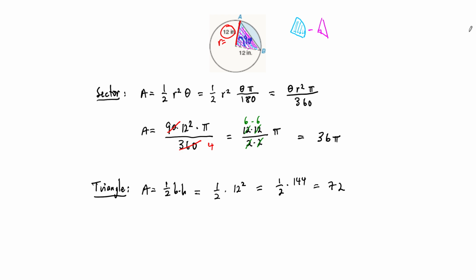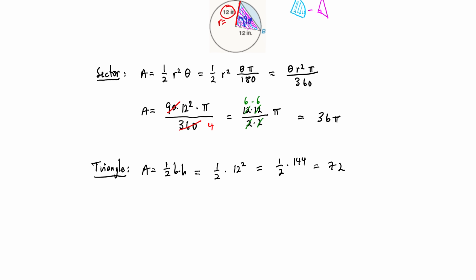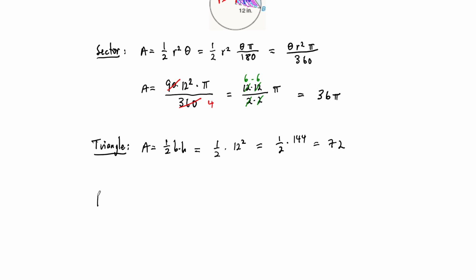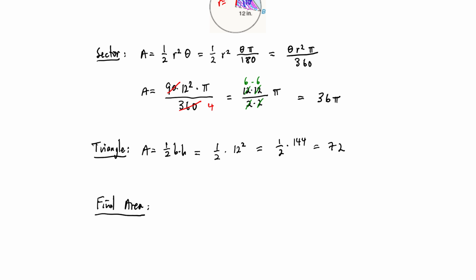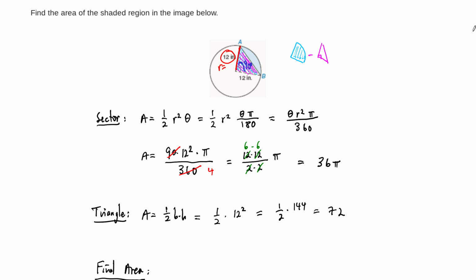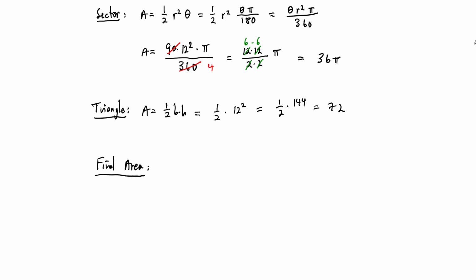And then our final answer is just to subtract these two. The final area, the area enclosed by that chord, is the original question, the part that was shaded in the picture before I started drawing on it. The final area is just going to be 36 pi, take away the 72 from the triangle, and I'm going to leave it just like that.